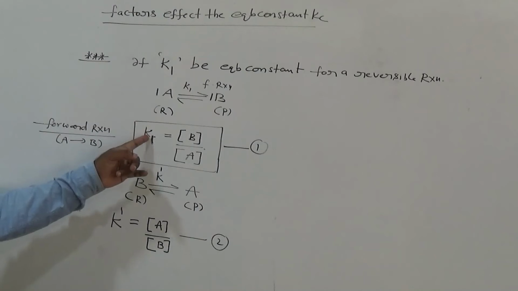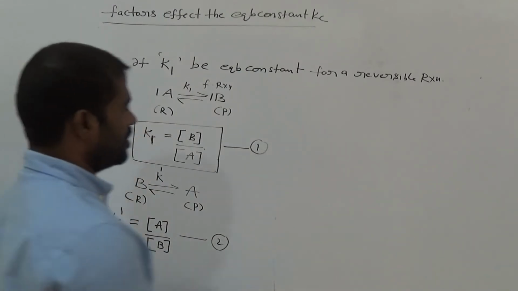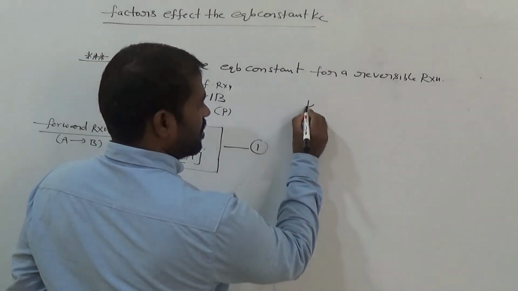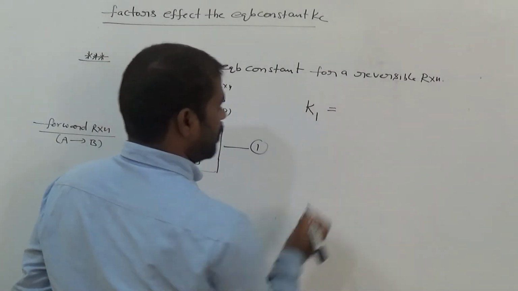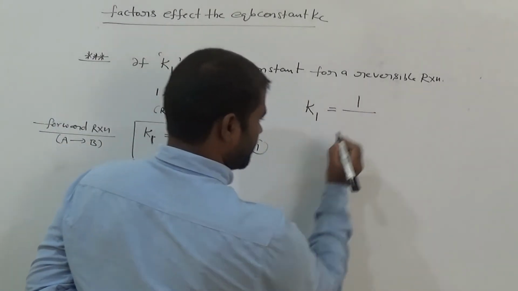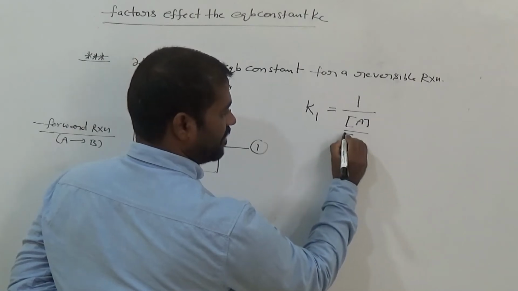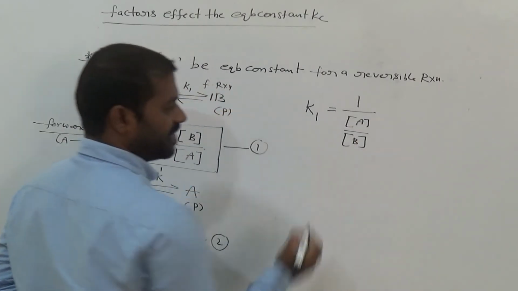From this one and this one, what we conclude here, K1 is equals, can I write like this? Molar concentration of A by molar concentration of B. Am I right?